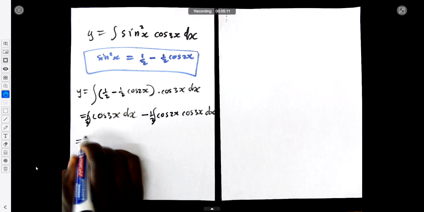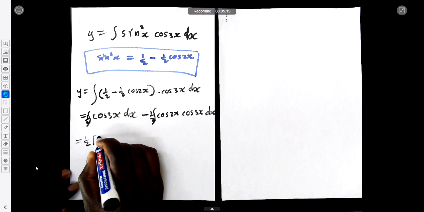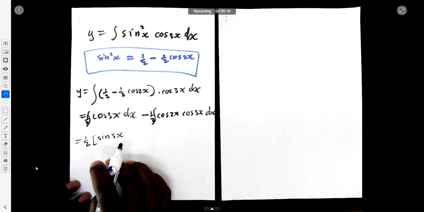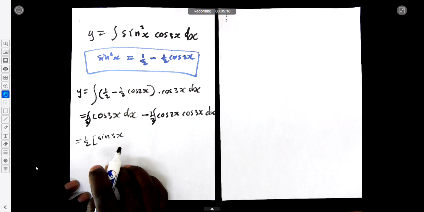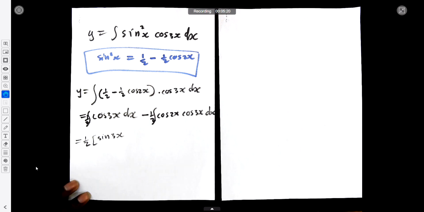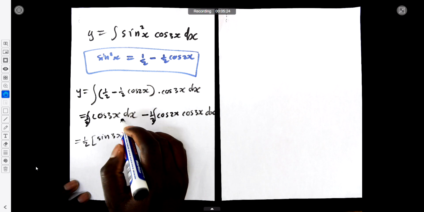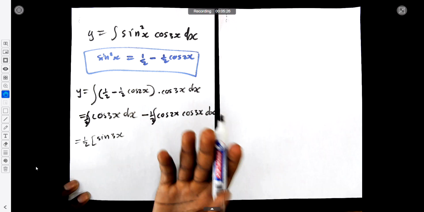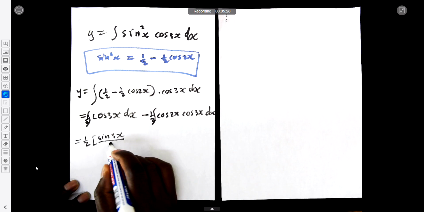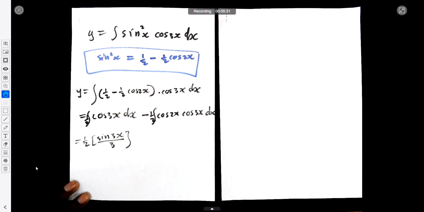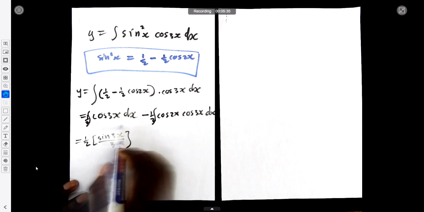So we know that we differentiated sine of the same angle to get cos 3x. But what was missing is the constant, the derivative of 3x, which was 3. So we have to divide by the derivative of the angle there, which is 3, because it was missing in the function that we have on top.